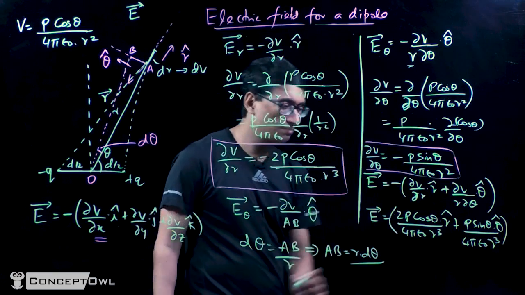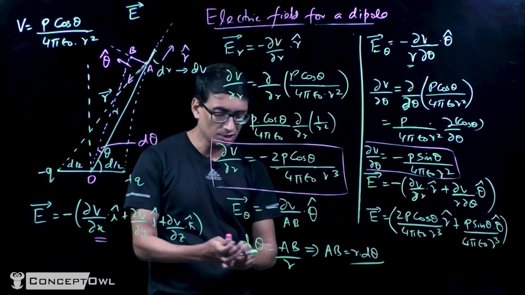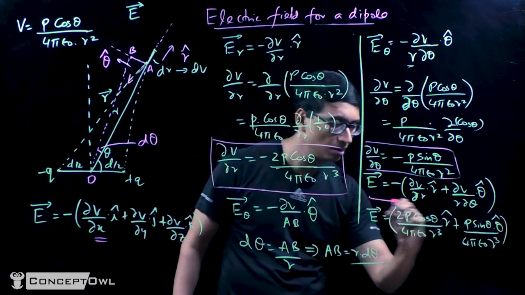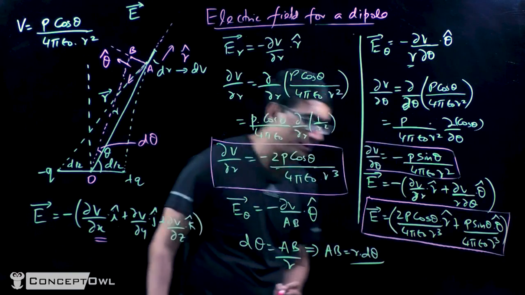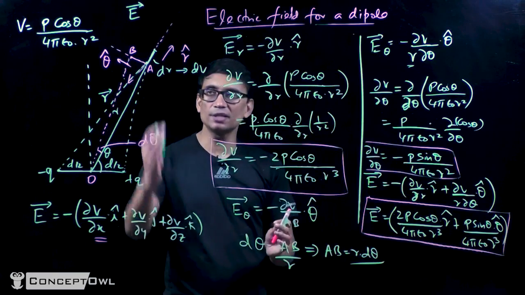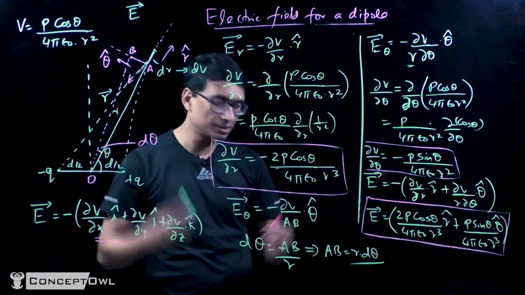So this is going to be my total electric field vector, the two components, and there's no perpendicular component, as we already discussed.